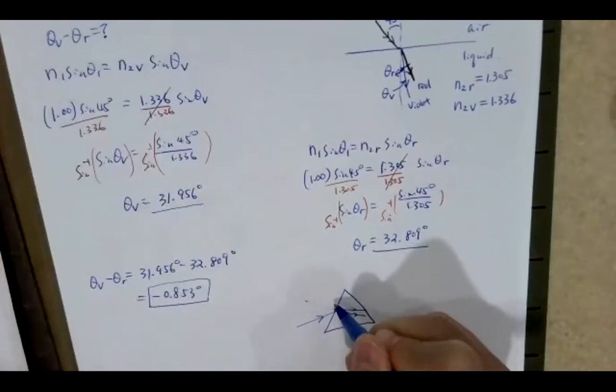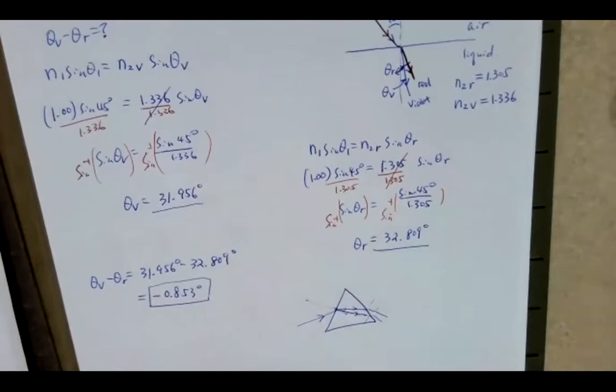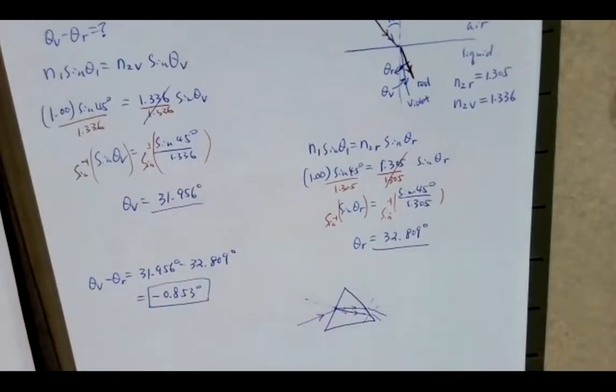So this is Snell's law one time, and you'll figure out what the angles are here. And then Snell's law a second time when it hits the wall the second time, and you'll figure out the angles there too, then calculate the difference, okay? So you're just repeating what we did one more time for the second surface.